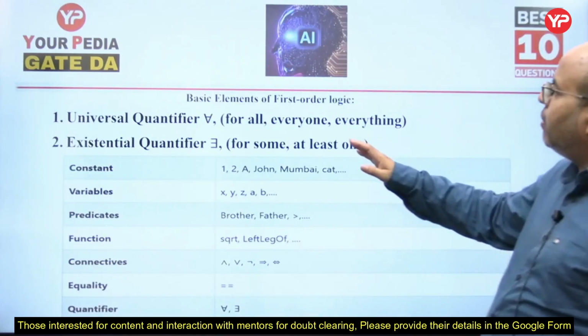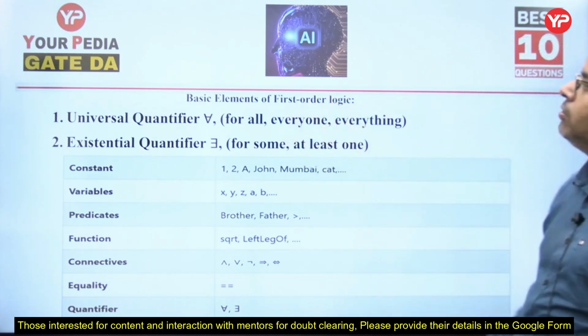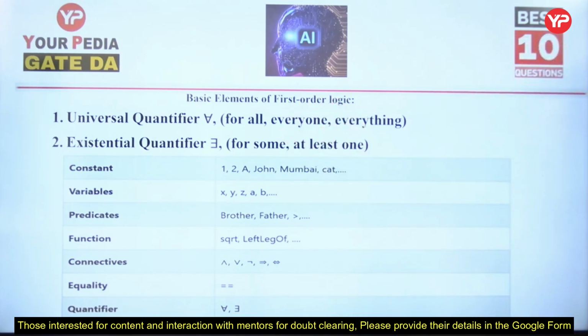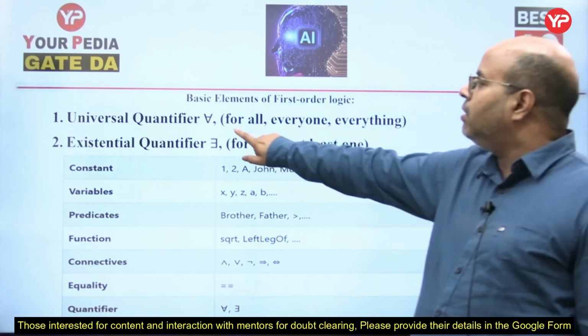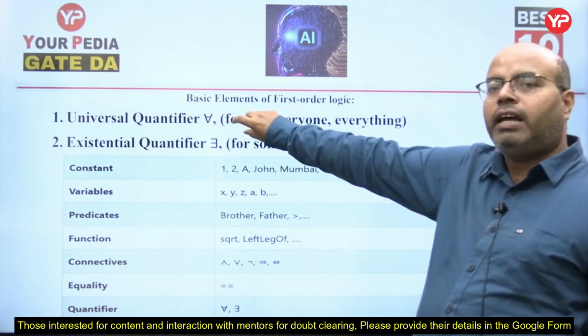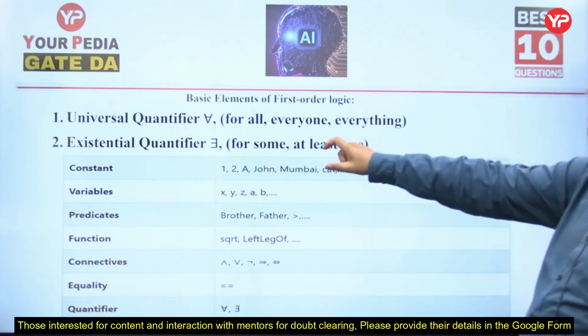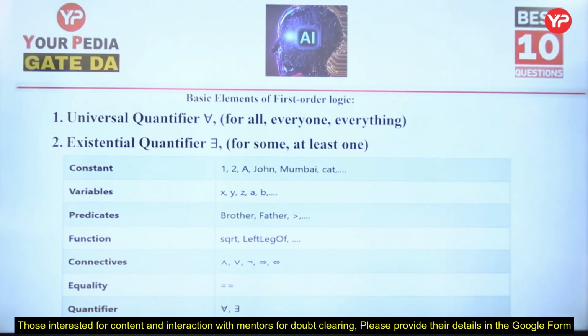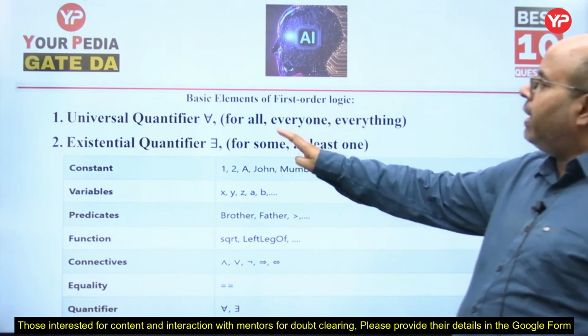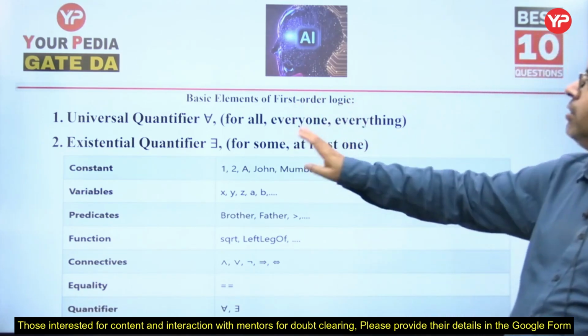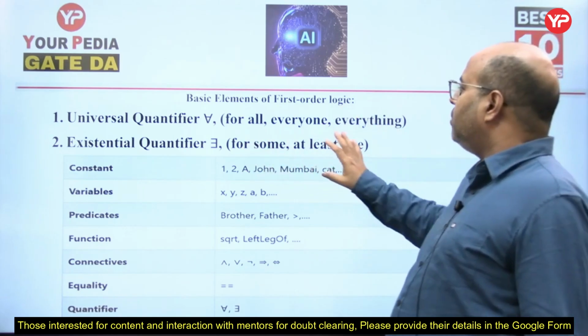So these are the basic elements of first order logic or predicate logic you must know. Universal quantifier, this symbol, upside-down A. Existential quantifier, this symbol, backward E, for some, at least one. So the universal quantifier is for all, everyone, everything, and the existential quantifier is for some, at least one.